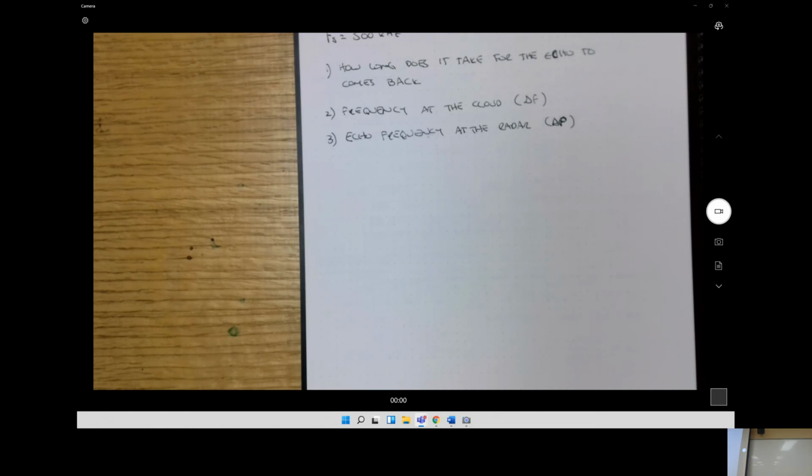Use the one that we used before and simplify that equation.